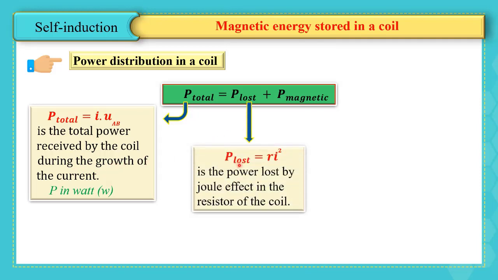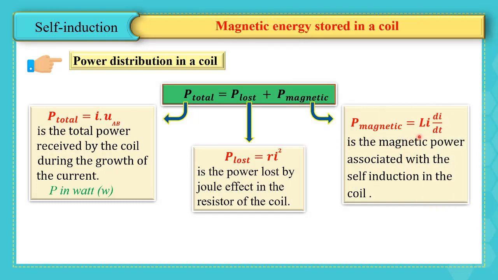P lost equals Ri squared is the power lost by Joule's effect in the resistor of the coil, and P magnetic equals L i di over dt is the magnetic power associated with the self-induction in the coil.